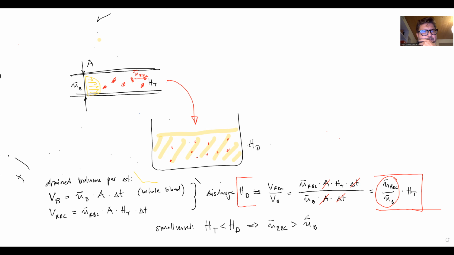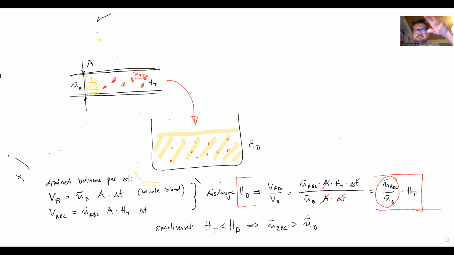How can it be? Well, if red blood cells were homogeneously distributed in the blood, the average velocities would be exactly the same. However, maybe it's easier if you think of a river, instead of a blood vessel, think of a big river. And of course, the water in the center of the river is flowing faster than the water close to the borders of the river.